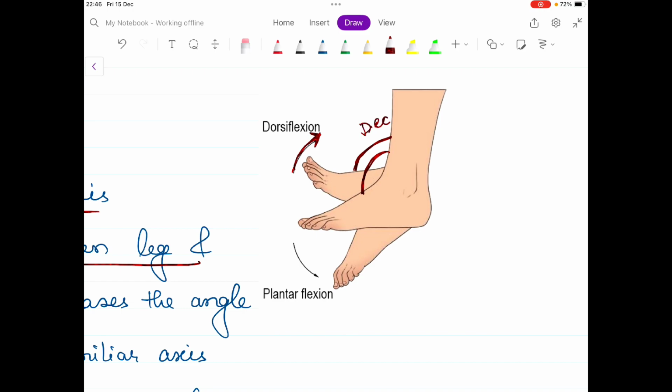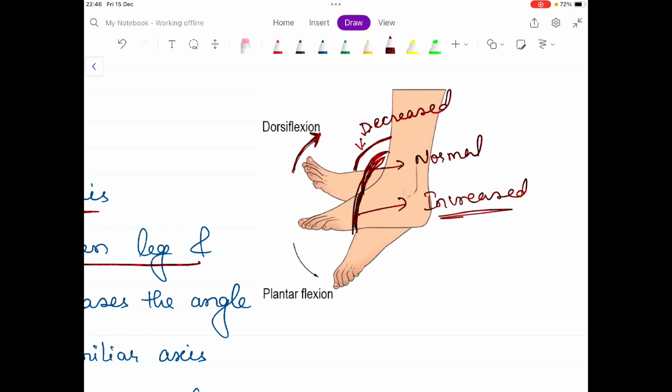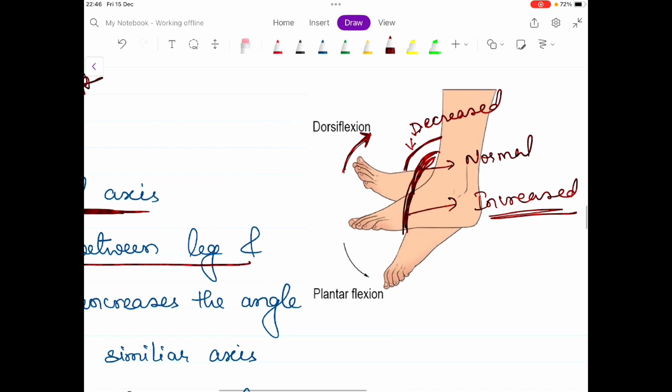This one is the decreased angle and this one is the normal one. But in plantar flexion, this same angle increases up to here. So the angle is increased in plantar flexion and the same angle is decreased in dorsiflexion.